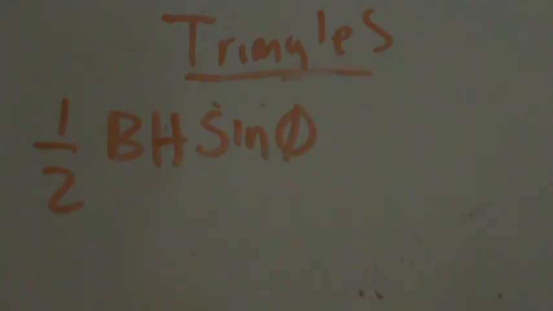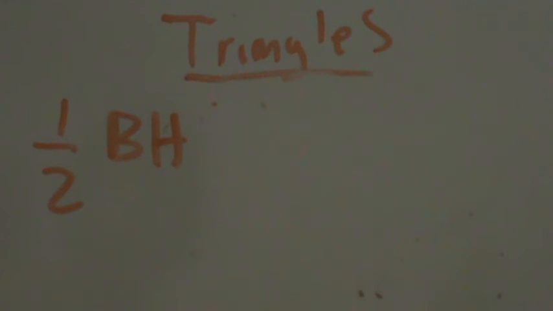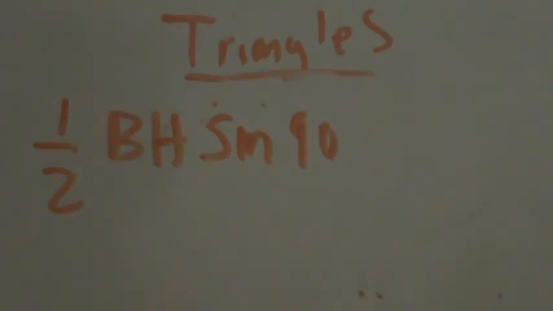And why do we use this representation of the area? Look at it this way. In the situation that we have the right triangle, what is the angle between the base and the height? It's 90 degrees, right? And what's sine of 90? Sine of 90 is just 1. So you get this special situation for an equation for the area of a right triangle.